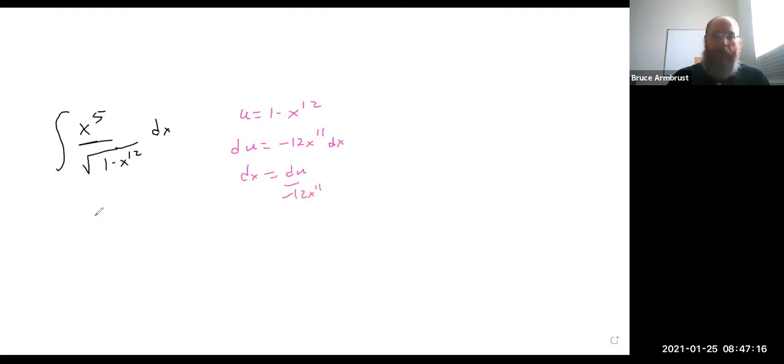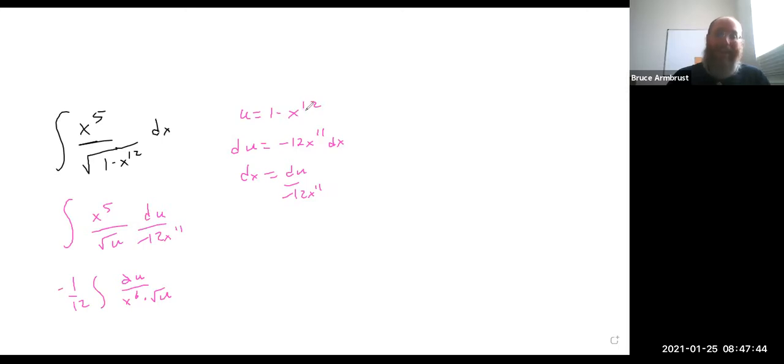So if I put all this stuff in, I've got x to the 5th over the square root of u. Well, that was nice. Dx is du over minus 12x to the 11th. And even when I reduce those x's, I get minus 1/12 du over x to the 6th times the square root of u. And I don't want to try to bother solving this thing for x to the 6th. It's not a real quick and easy solve.